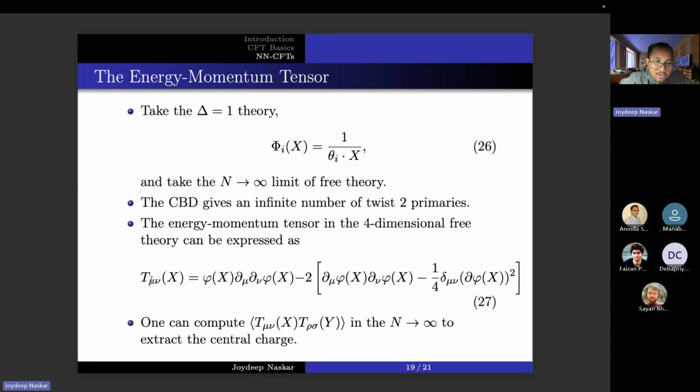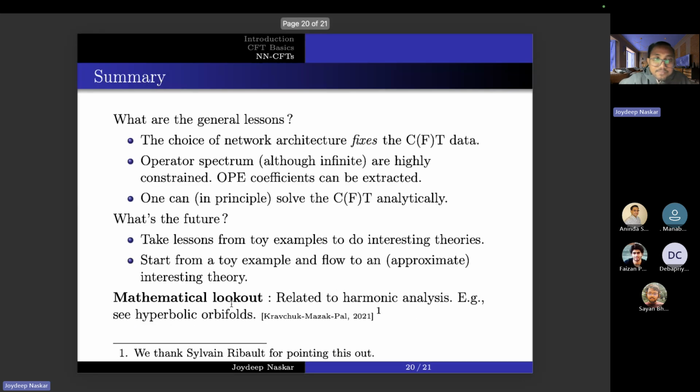Then you can write it down and compute the 2-point function for the energy momentum tensor in the n tending to infinity limit, and that would give you the central charge. It's just a long calculation about weak contraction, but this can be done.